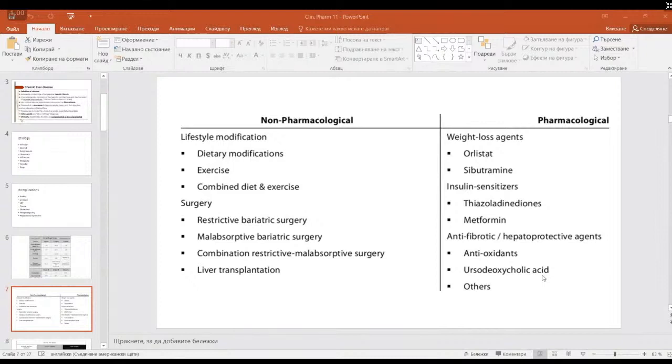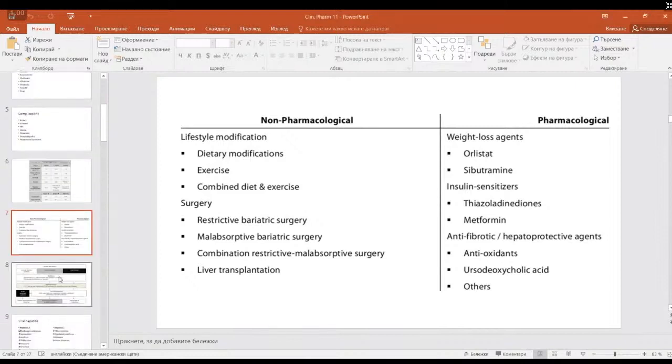This is the so-called Ursofalk, which is the trade name of this. Actually, this is a bile acid, which is found in the bile, and this helps the breakdown of cholesterol. And if patients have a cholesterol bile stone, this drug helps breaking down the cholesterol bile stones.